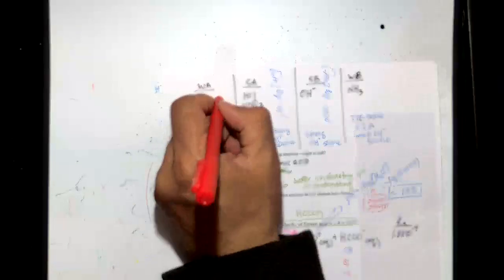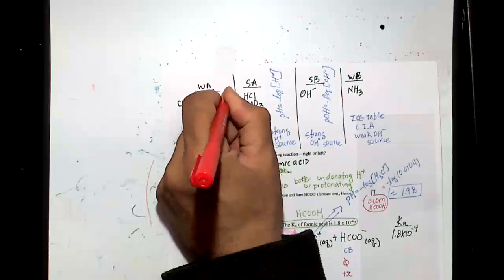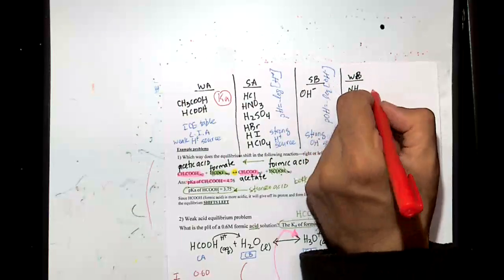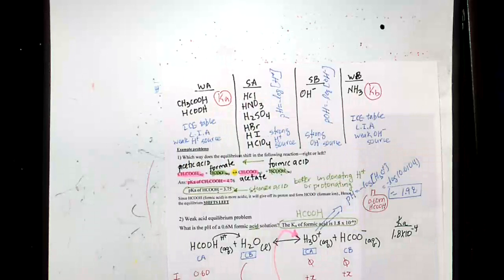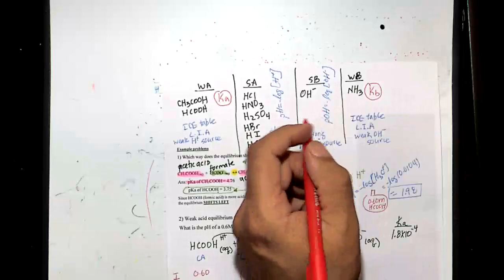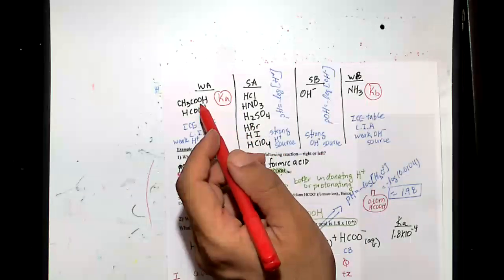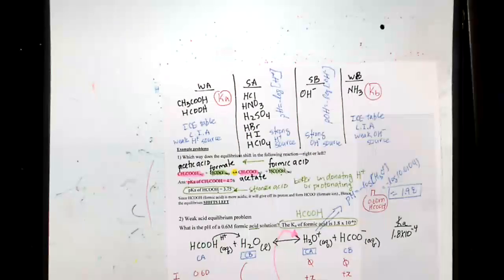For your weak acids, I'll have to give you the Ka, and for the weak bases, I have to give you the Kb. The Ka constant for the acid, or the Kb constant for the weak base.